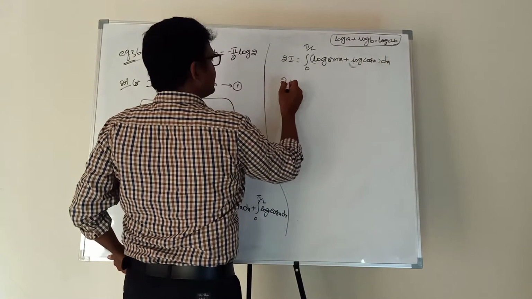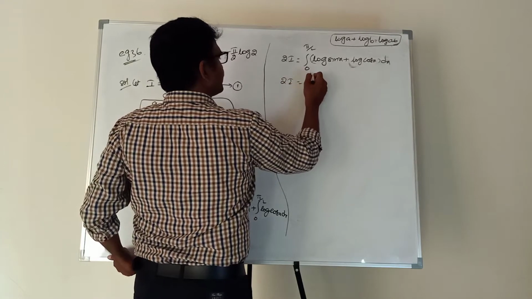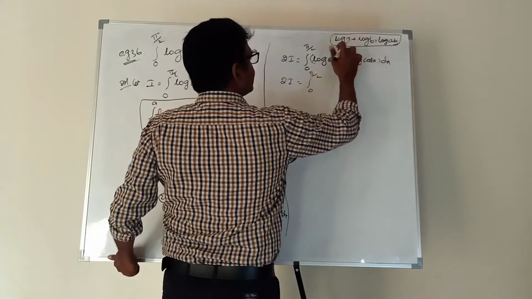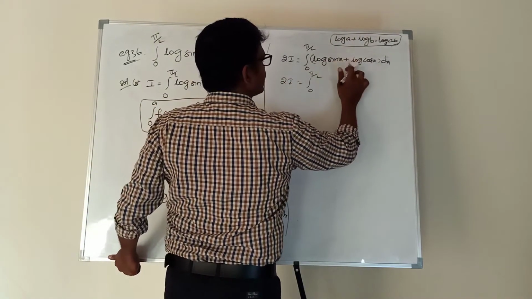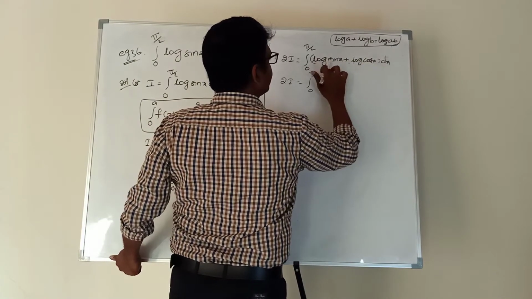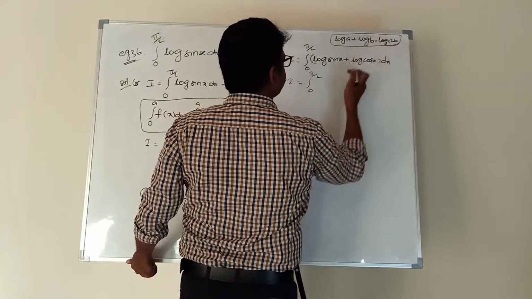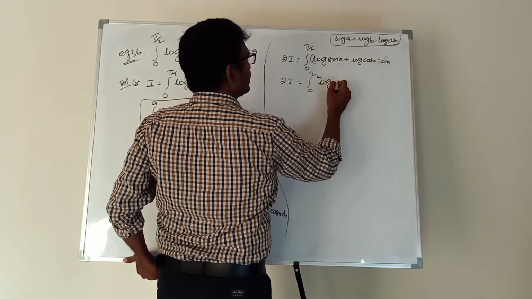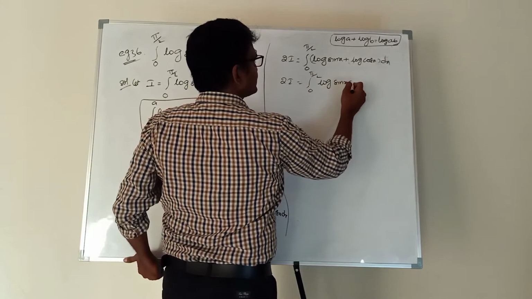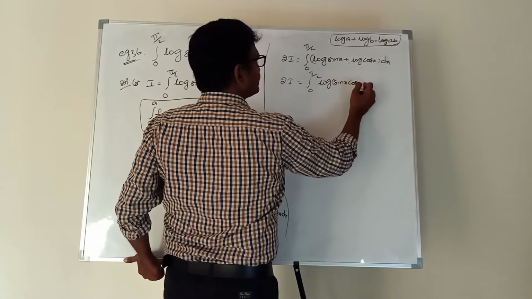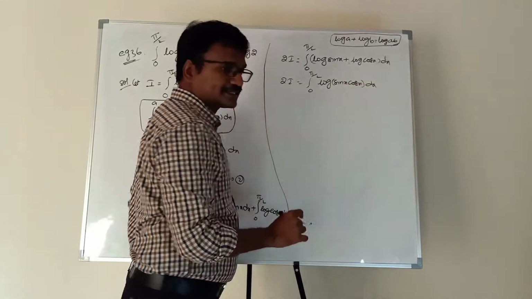So 2I is equal to 0 to pi by 2 log a plus log b, and log a plus log b is equal to log of ab. So based on this, log of sin x, a means sin x, b means cos x, into dx. Sin x cos x dx.